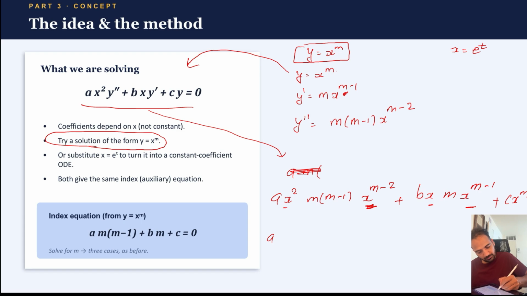So we'll have ultimately a m(m minus 1) x power m plus b m x power m plus c x power m equals 0.